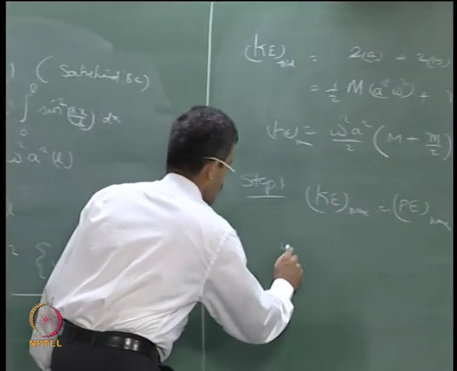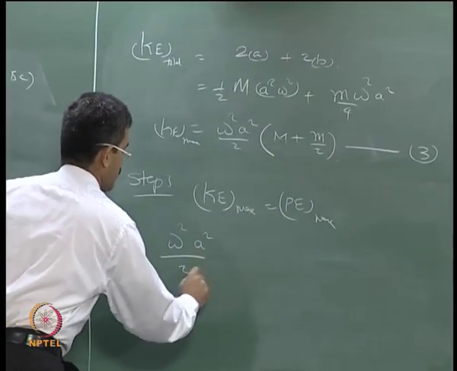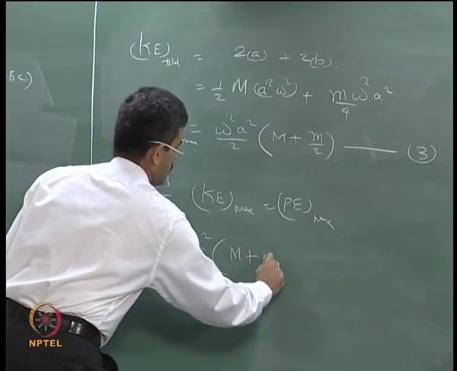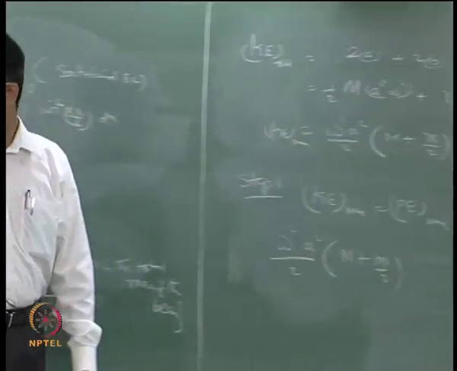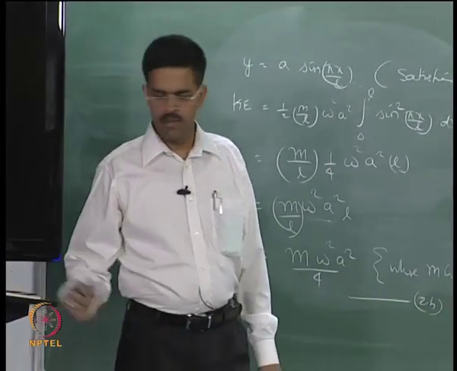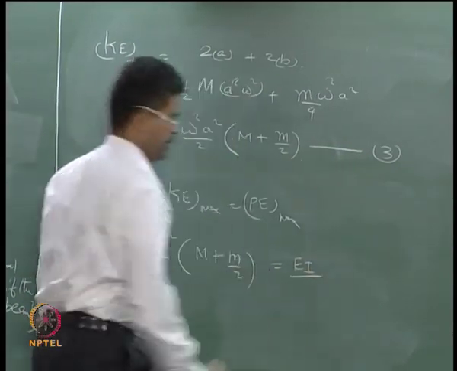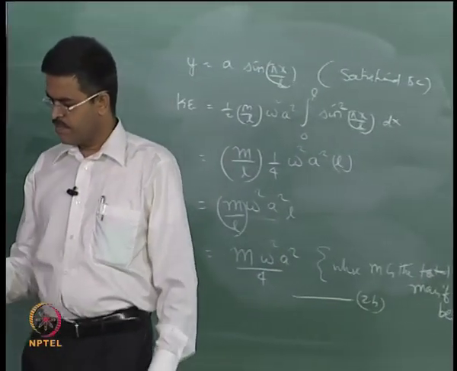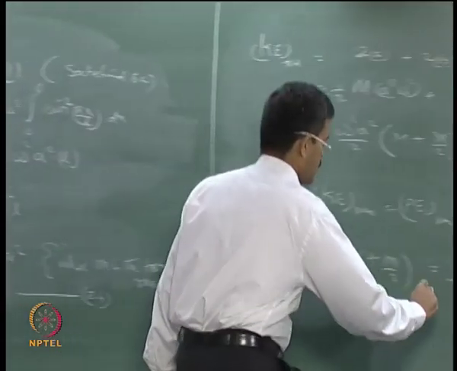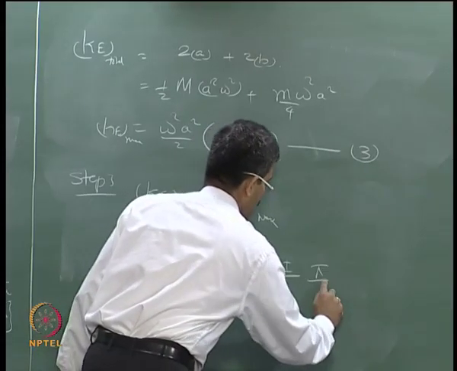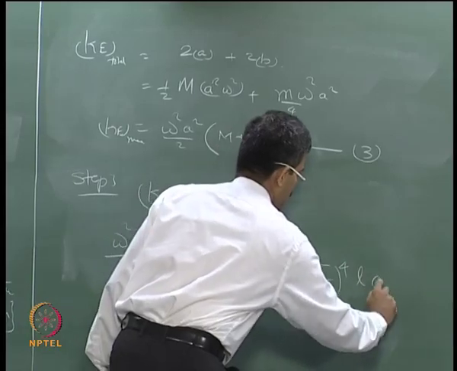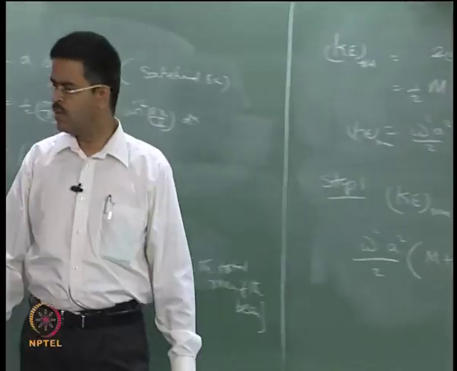So, I should say omega square A square by 2 of M plus m by 2 should be equal to the value, which is EI by 4, pi by L whole 4, L A square. Is that okay?